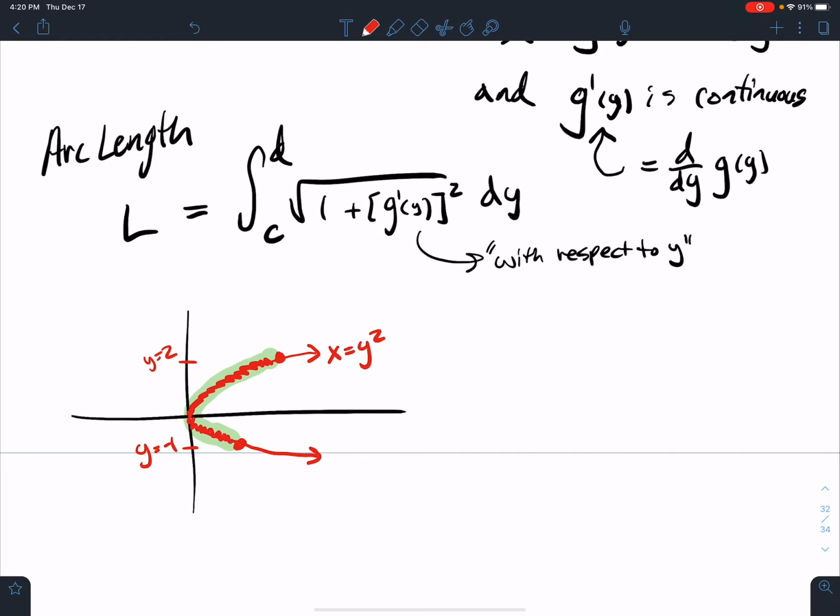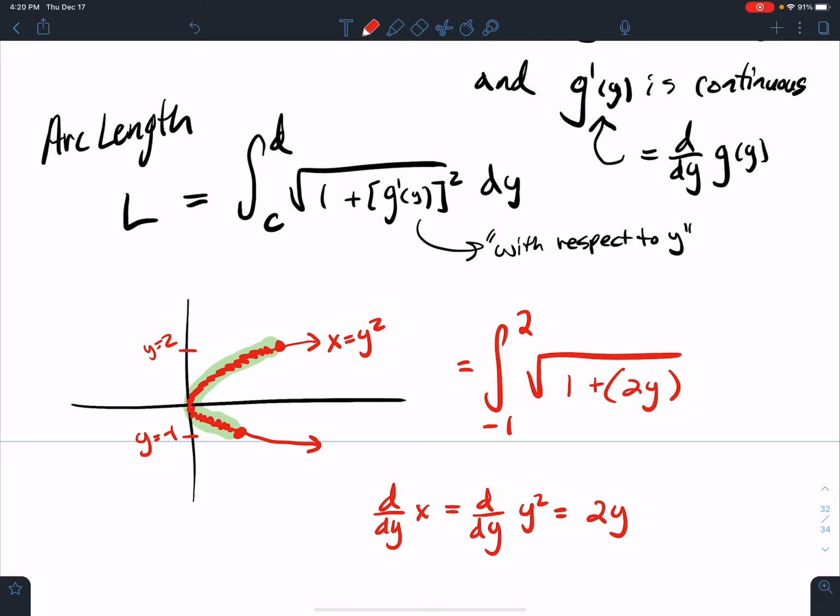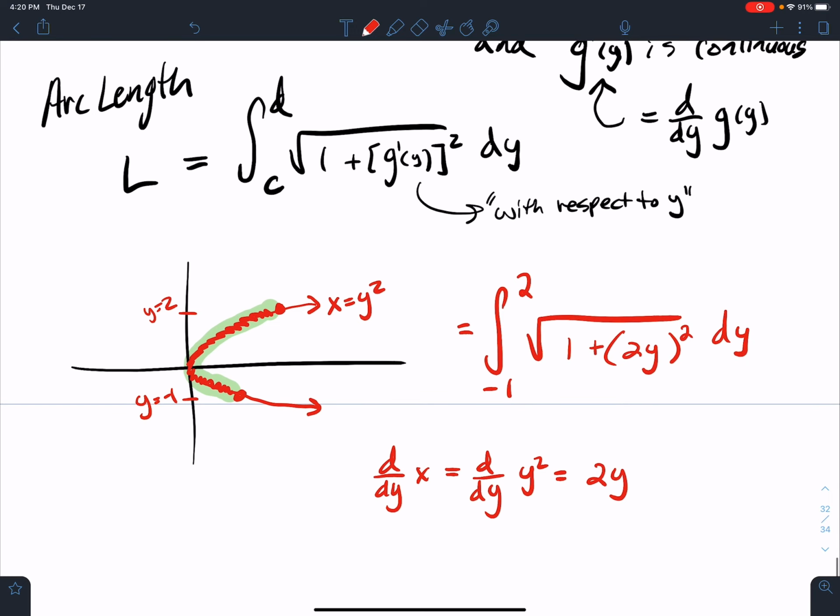That arc length would be the integral from -1 to 2 of the square root of 1 plus the derivative squared. What is the derivative with respect to y? d/dy of x equals d/dy of y squared, which is 2y. So I plug in 2y for my derivative, I square it, and then I integrate with respect to y.